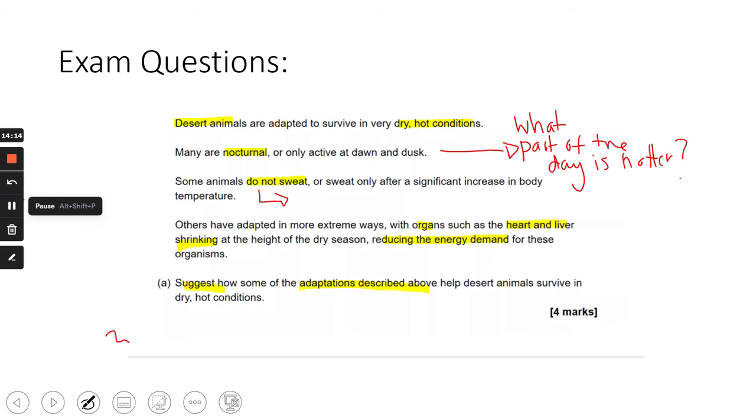Some don't sweat, so this is focusing on water and retaining water. So those are the 2 clues I'm going to give you. So now you can have a go at answering those on your own and then come back to the video.